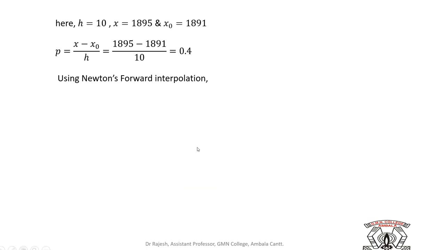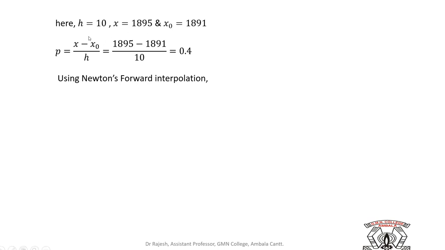Now we'll see h here is the distance between the consecutive arguments, which is 10. x is equal to 1895 and x naught is equal to the initial value, because now we are going to use the Newton forward interpolation formula.